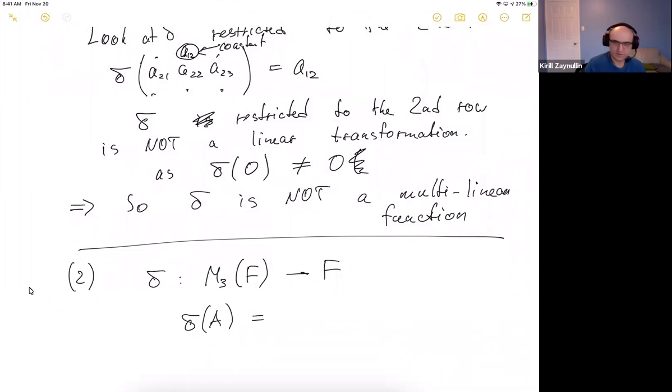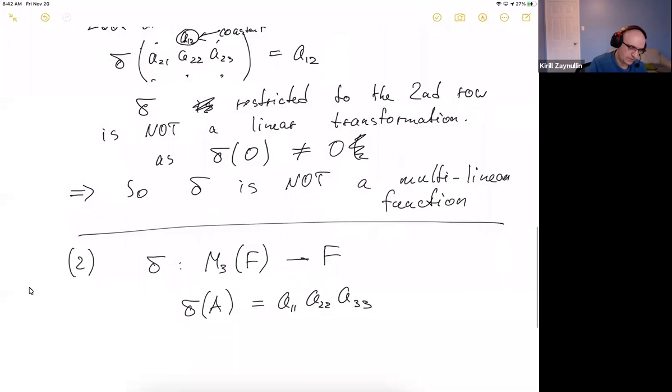Instead of the sum of squares, let me take this A11, A22, and A33, the product of, say, diagonal entries. And now the same question, whether it's a multilinear function or not.